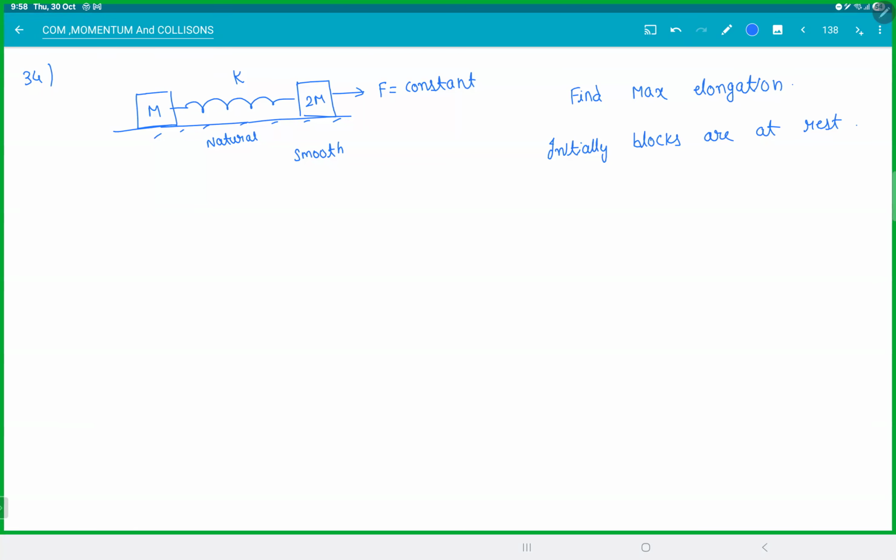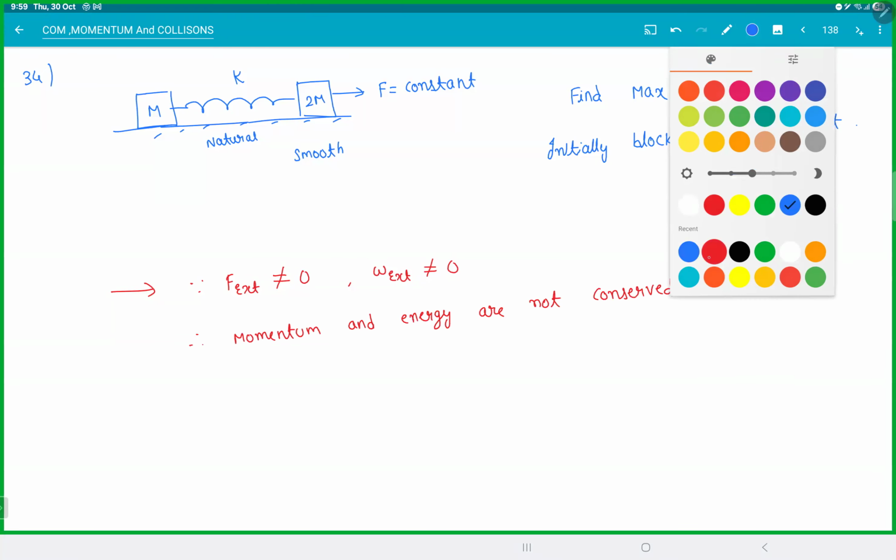Listen. In this problem, first of all, there are a few things to notice. F external is not 0. On top of it, the block is also moving. Work done by external force is also not 0. Therefore, you can't conserve both momentum and energy. But there is something else to save you.